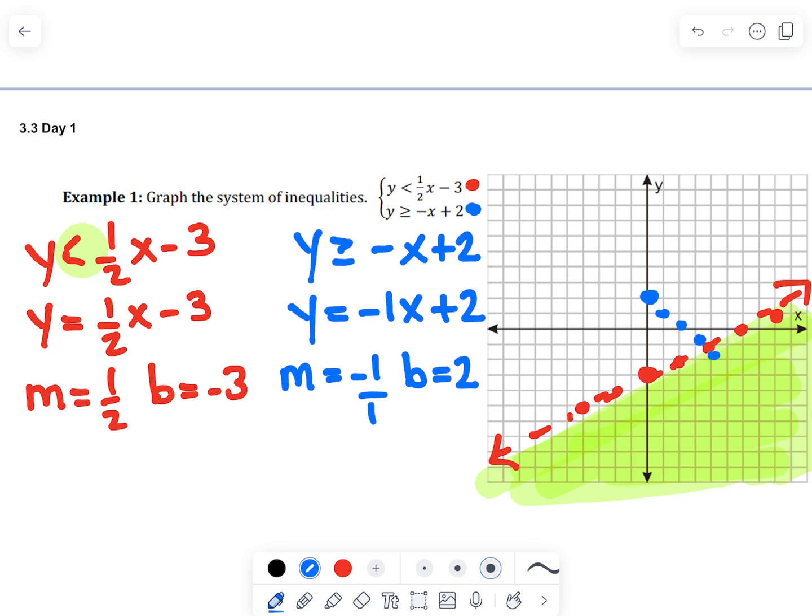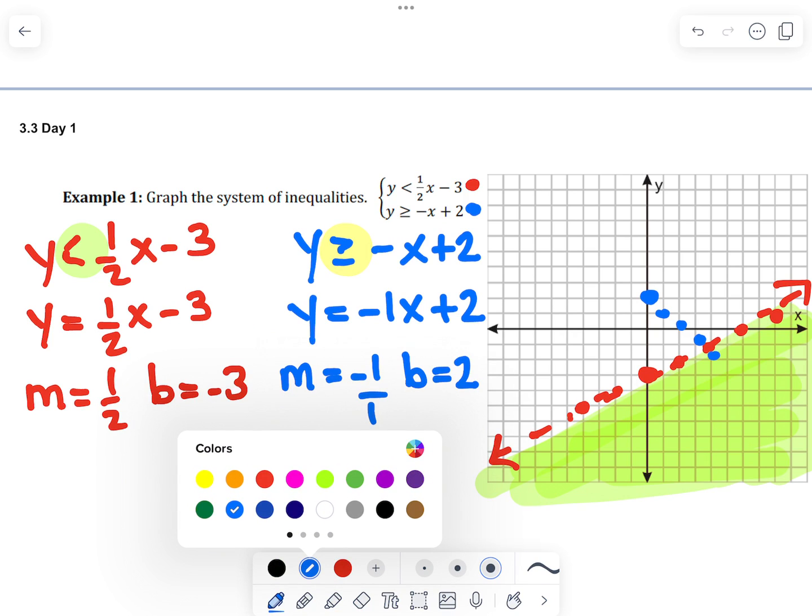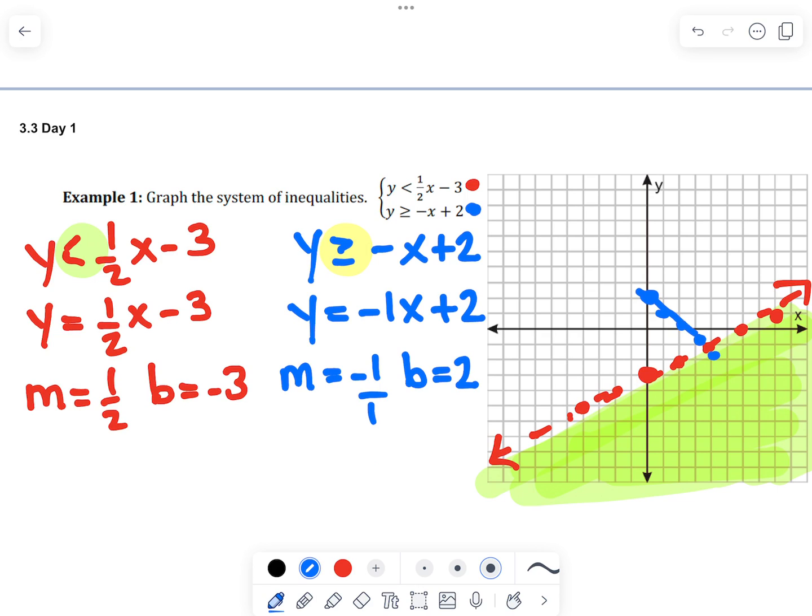Now we need to figure out, do we have a solid or a dashed line? This is our greater than or equal to. Anytime it's greater than or equal to or less than or equal to, we have a solid line. Now we need to figure out where to shade.